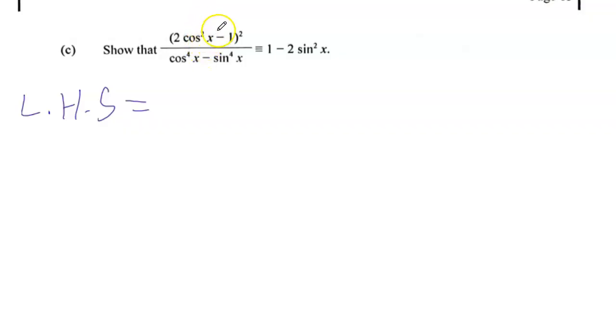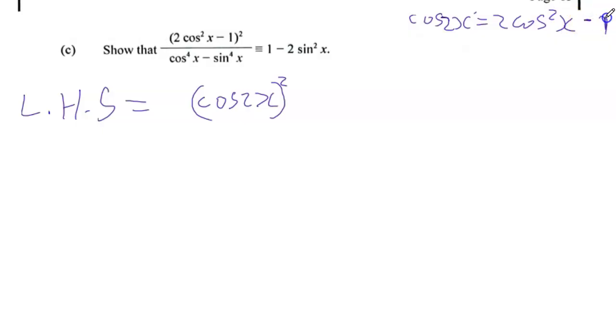Notice this is actually the cos 2x identity. 2 cos square x minus 1 is the same thing as cos 2x. So we realize cos 2x in the bracket all square. We know cos 2x equals several things. Let me restate them here. We know cos 2x is 2 cos square x minus 1.